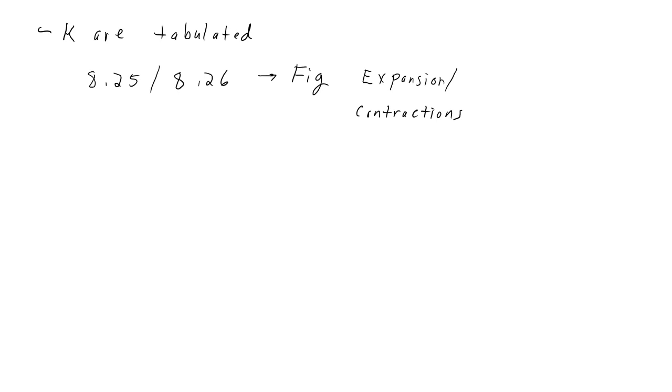Figure 8.29 has the loss coefficient for flow in a bend. And even table 8.2 has things like elbows and various other pipe fittings.